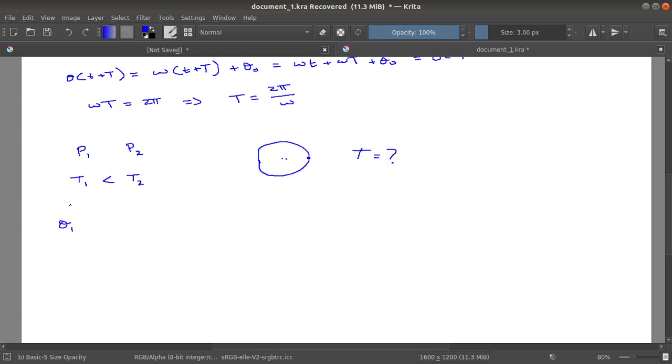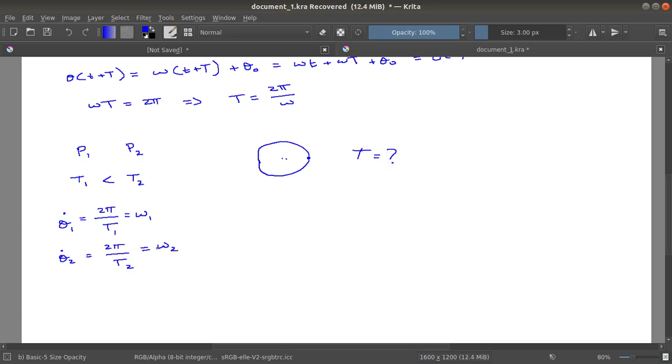Then theta 1 dot is equal to 2 pi by T1, which is omega 1, and for theta 2 dot, that's 2 pi by T2, which is omega 2.